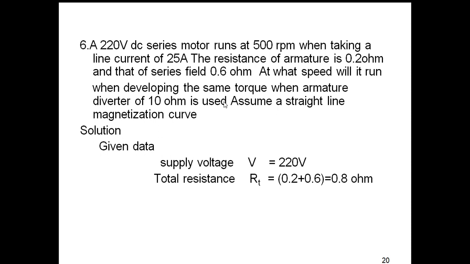So the total resistance RT is equal to 0.2 plus 0.6, which is equal to 0.8 ohms, and the initial speed is given as N1 is equal to 500 rpm.